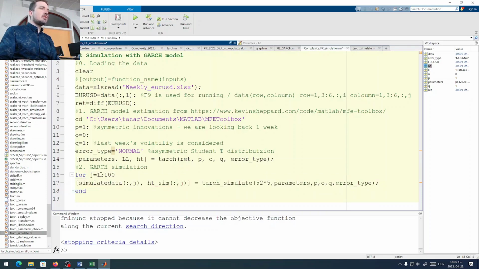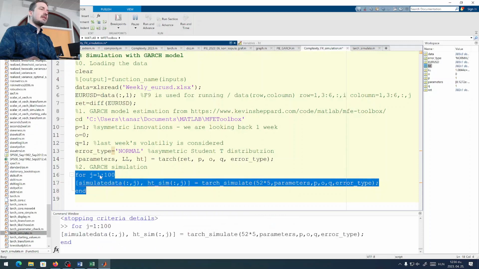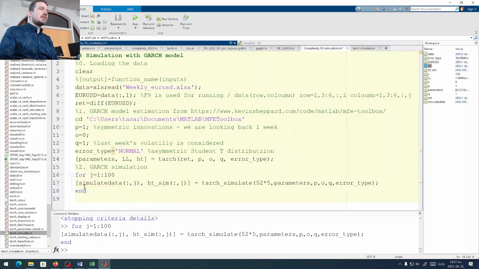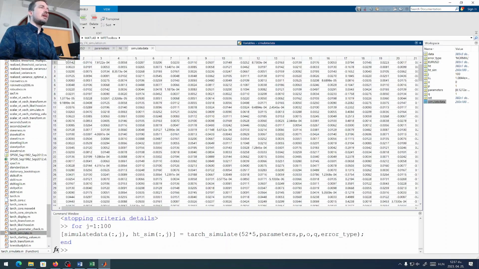What is important is to say which variable we want to remember, because all the other variables will be overwritten again and again as the cycle runs, and we also have to define the end point where the cycle restarts. If we execute this, it runs. Nowadays it runs immediately, whereas in the past, with poorer computational power, it took more time. Let's plot this out.